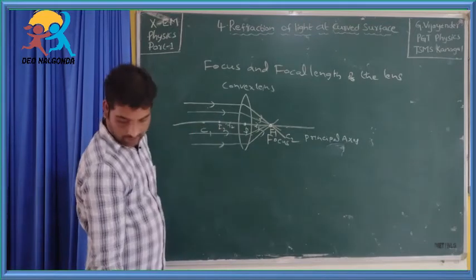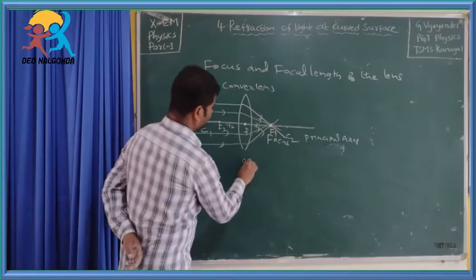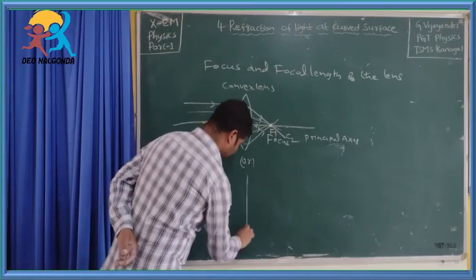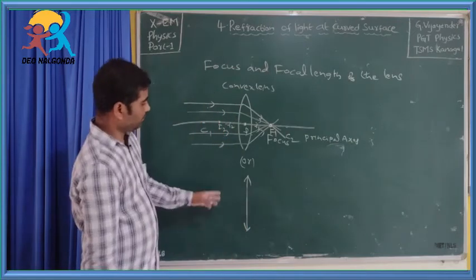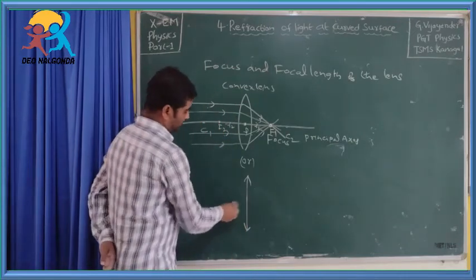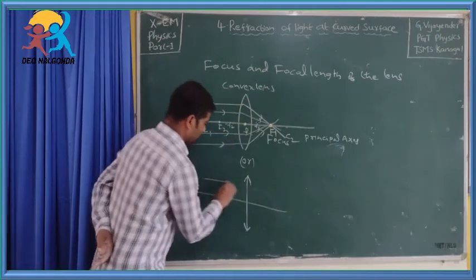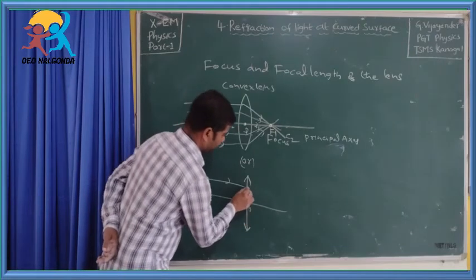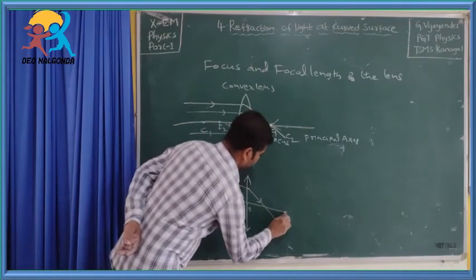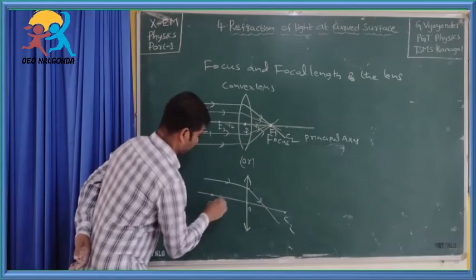This is the convex lens. We can also draw it another way, denoting the convex lens with arrow marks like this. This is the optic center, C2, C1.